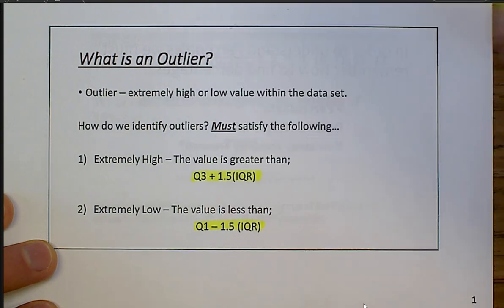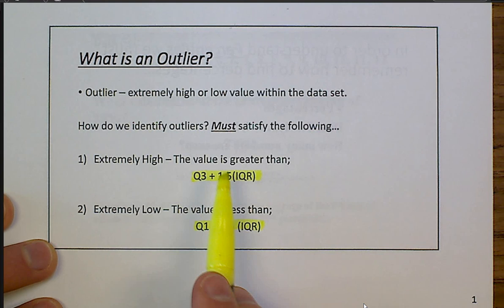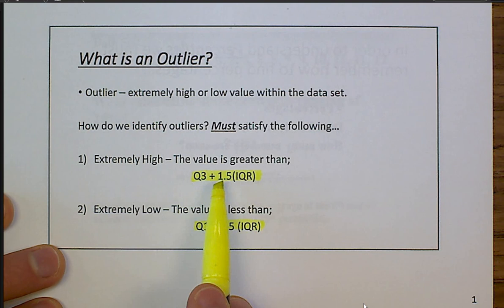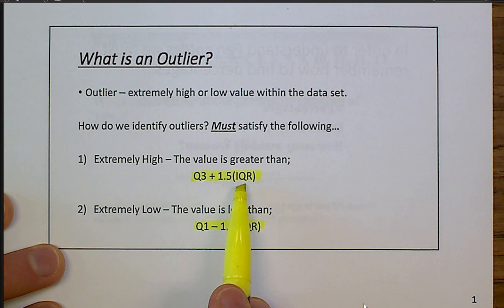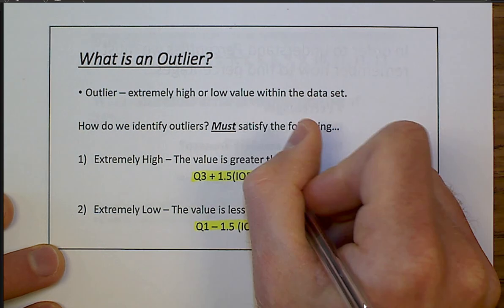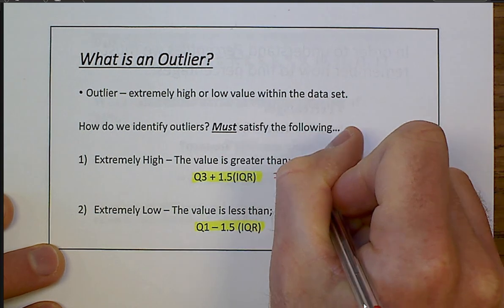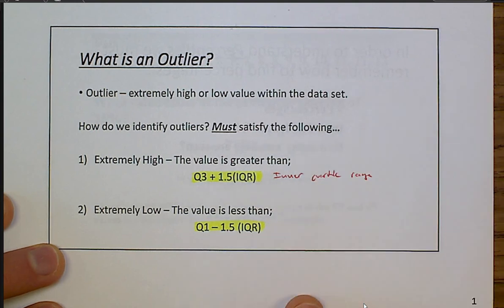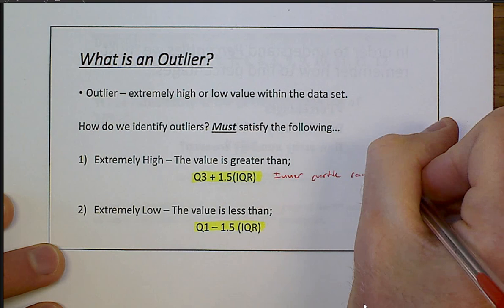So here's how you do it. Basically, to formulate this number to determine whether you have an outlier or not, you take the Q3, which is your quartile 3, plus 1.5 times the IQR. Remember, IQR is interquartile range. The interquartile range, remember, is Q3 minus Q1.